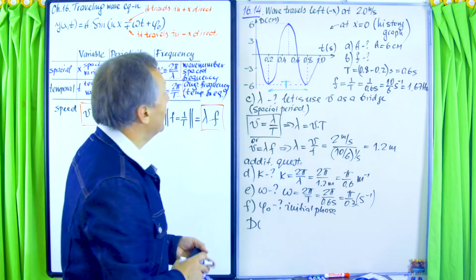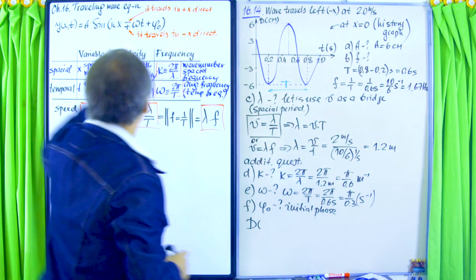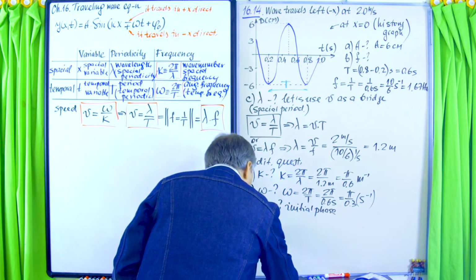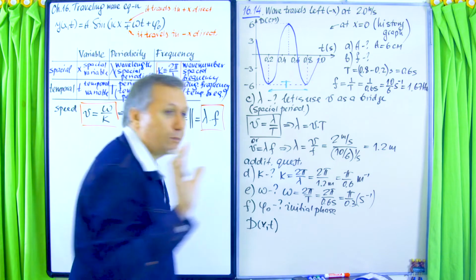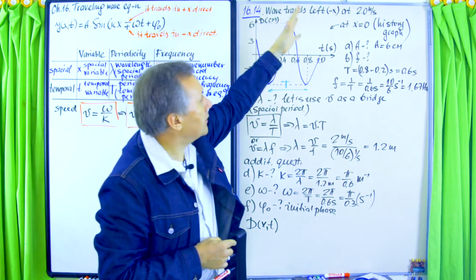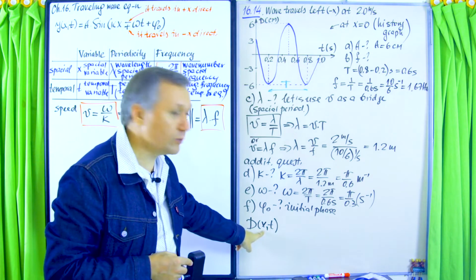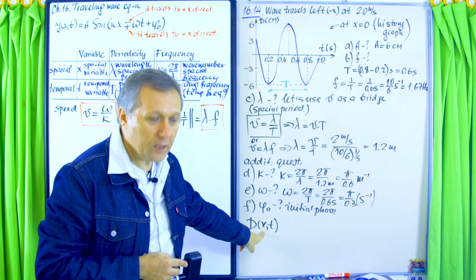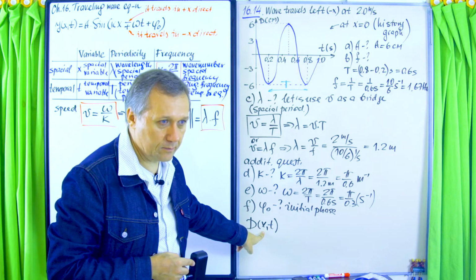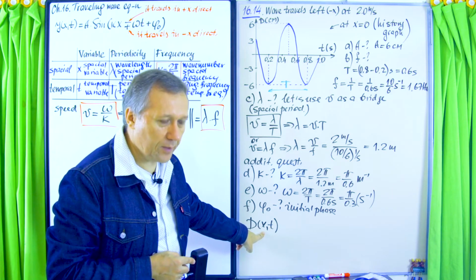The wave propagates along the x direction, so this variable is x, so x, t. But if the problem, for example, said the wave travels in the negative y direction, here we would immediately use y. If the wave propagated along the z direction, here we would have z. So be careful. It's a common place for mistakes. Pay attention.